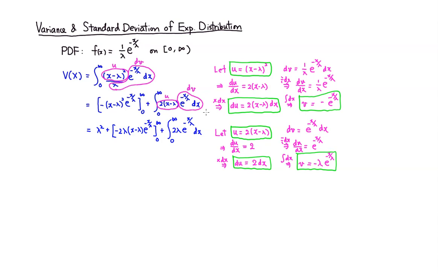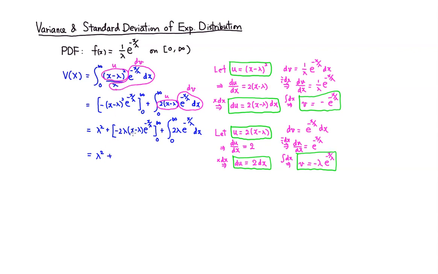Then let's evaluate this. Just like before, if x goes to infinity, this guy is going to be a huge denominator, so it's going to go to 0. So you have lambda squared, and then if you plug in 0, this is an interesting one. Minus minus, so this is going to be plus.